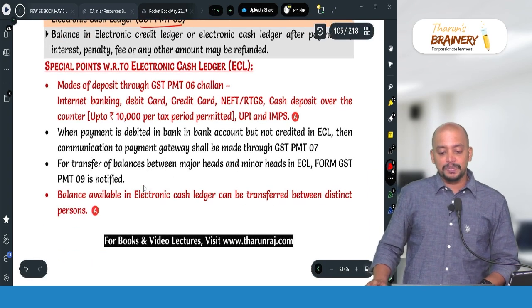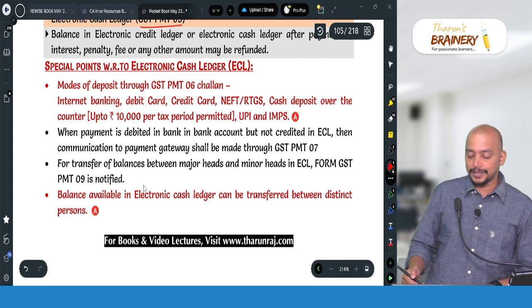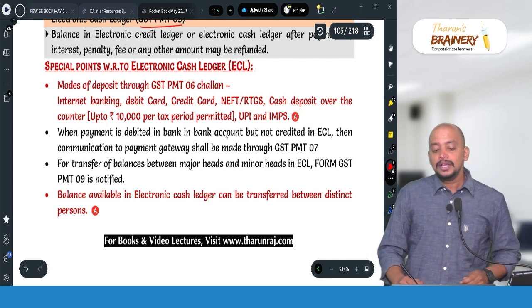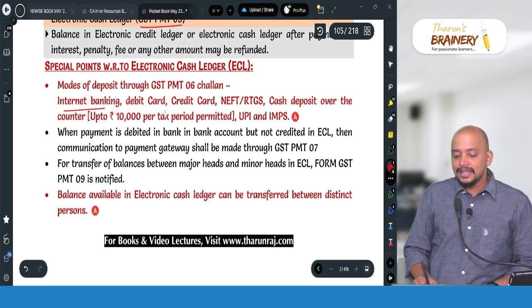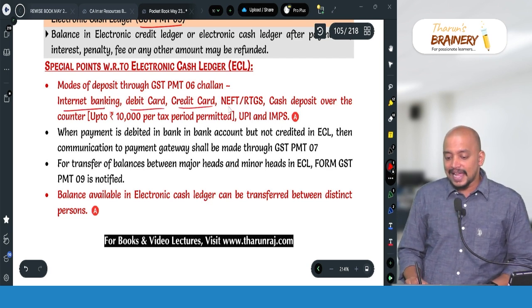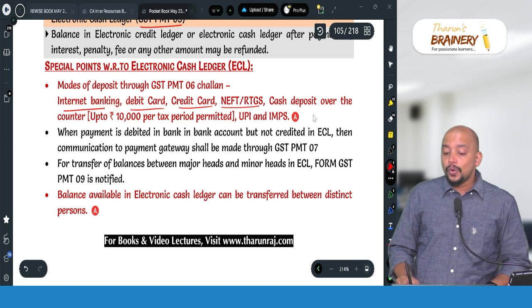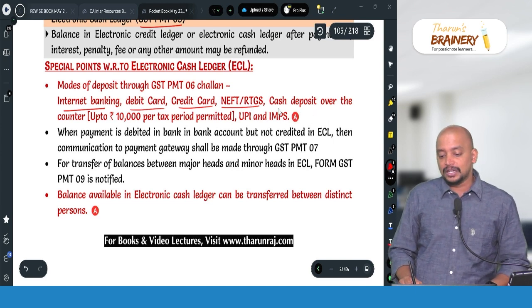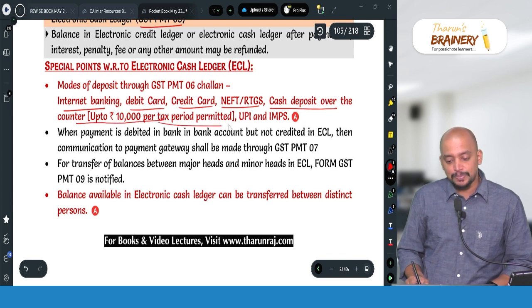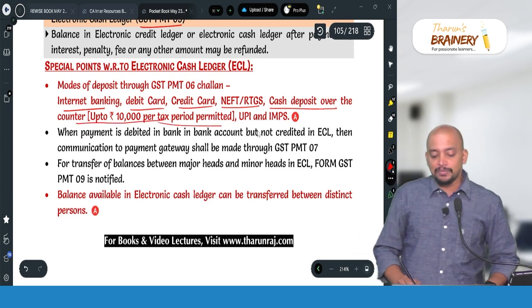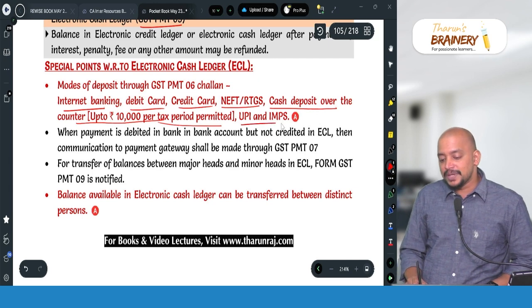Now we have some special points on electronic cash ledger. What are the various modes of deposit into the electronic cash ledger? So internet banking, debit card, credit card, NEFT, RTGS, over the counter cash deposit. But that over the counter cash deposit is up to how much? 10,000 per tax period. And now we have an amendment, UPI and IMPS is also allowed.